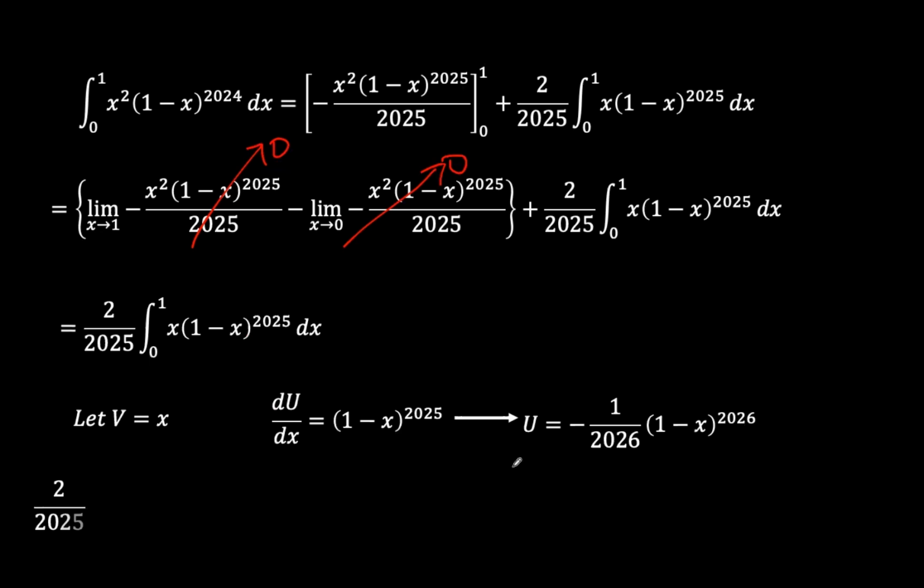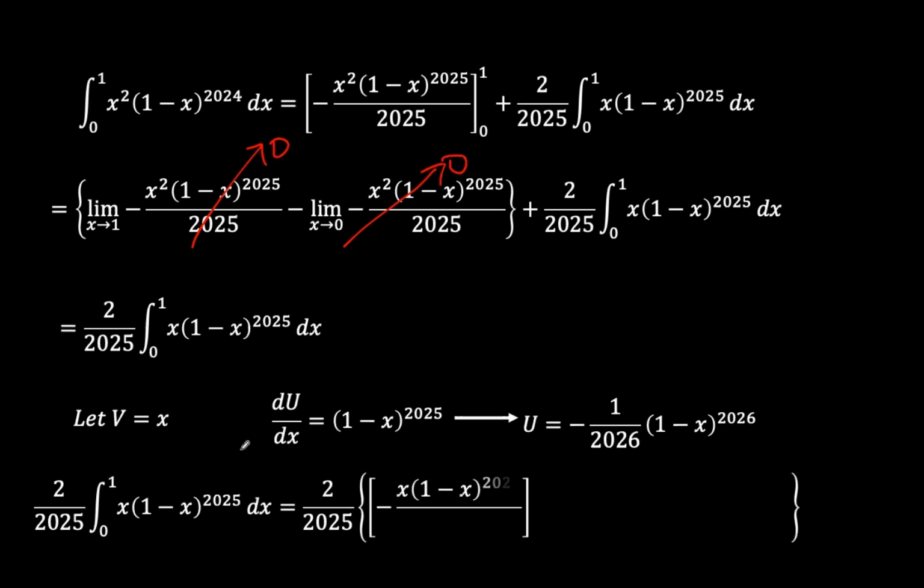So now taking this integral all into account, our uv is x times this, which is negative x times 1 minus x to the power 2026 over 2026, obviously with the bounds 0 and 1, and then plus, again, this negative here interacting with the negative in front of the integral, so this becomes positive. 1 over 2026, the derivative of v, which is x, is 1, so we now have a bare integral of 1 minus x to the power 2026.